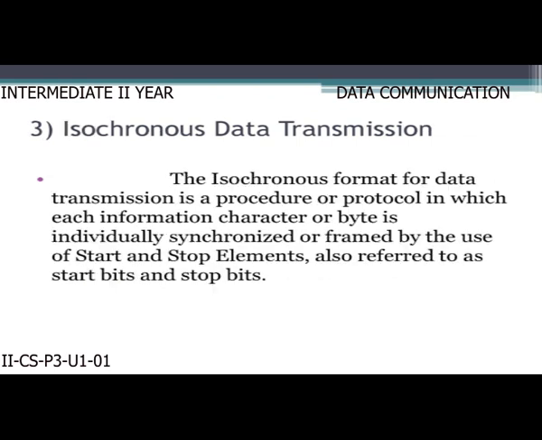Third is isochronous data transmission. The isochronous format for data transmission is a procedure or protocol in which each information character or byte is individually synchronized or framed by the use of start and stop elements, also referred to as start bits and stop bits.